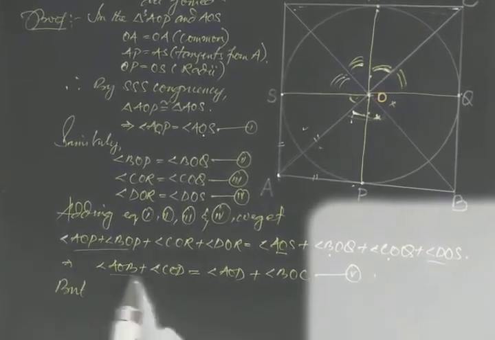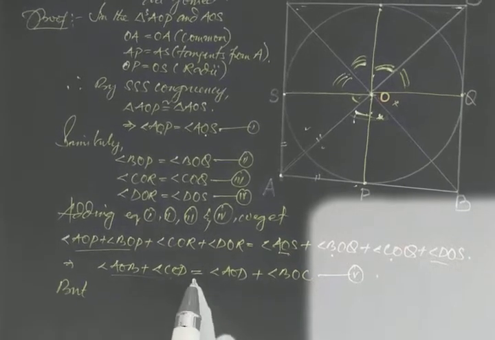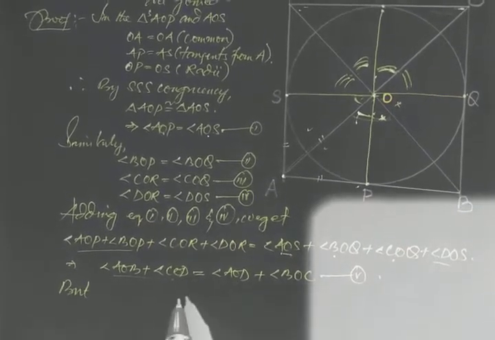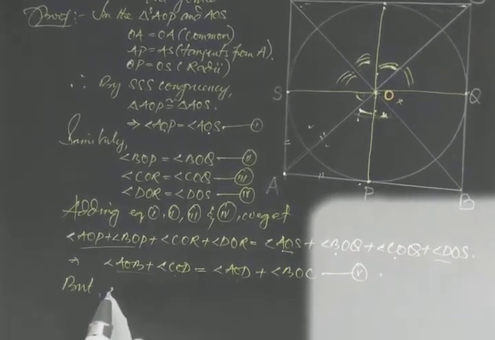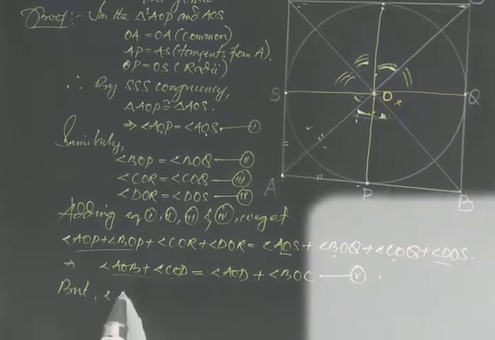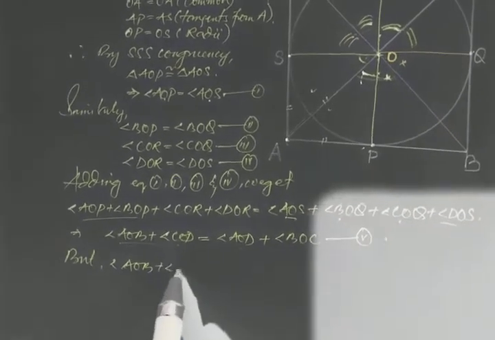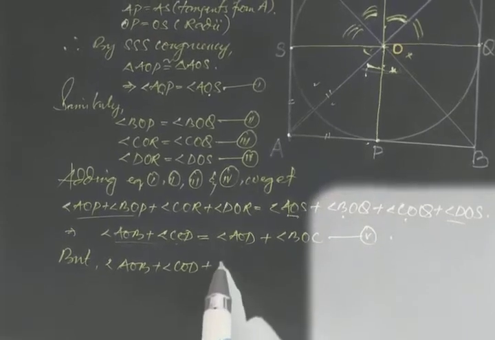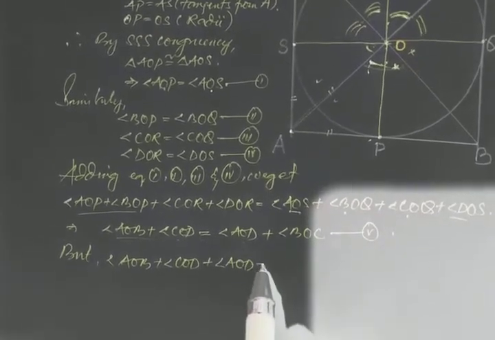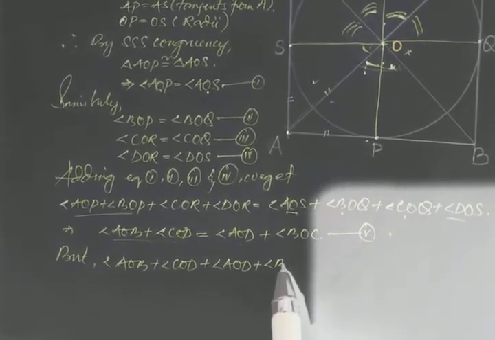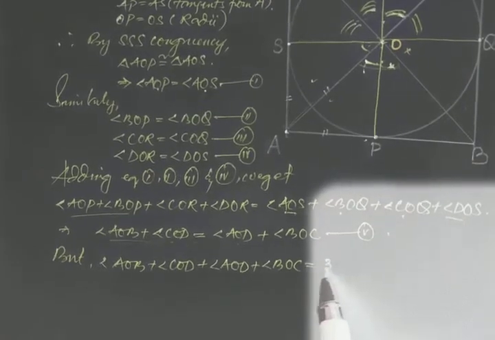So AOB plus COD together is equal to AOD plus BOC. But when we add all these angles together, that is angle AOB plus angle COD plus angle AOD plus angle BOC, it gives 360 degrees.